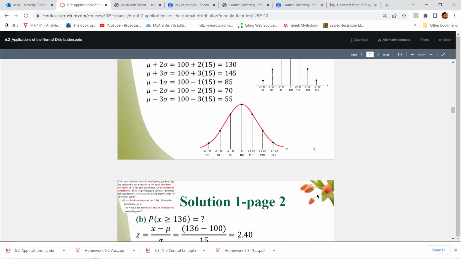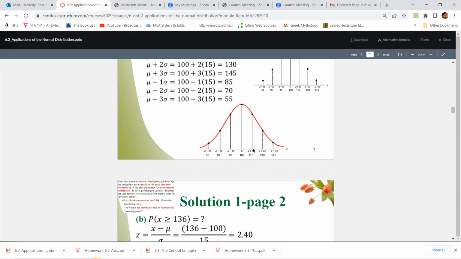Here's your normal curve with 100 in the middle, because that's the mean. Standard deviation is 15. So there's 100 plus 15, 115, 115 plus 15, 130, 130 plus 15, 145, and then subtract 15, 100 minus 15, 85, and so forth.